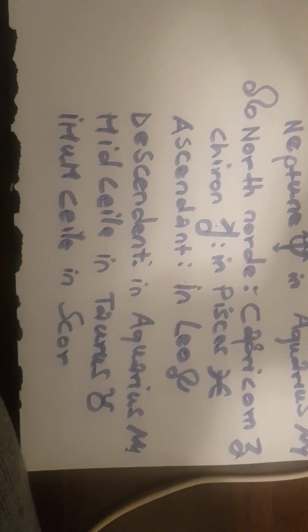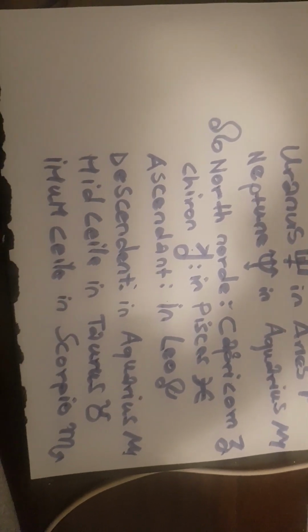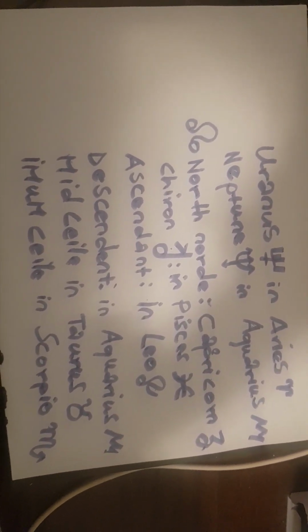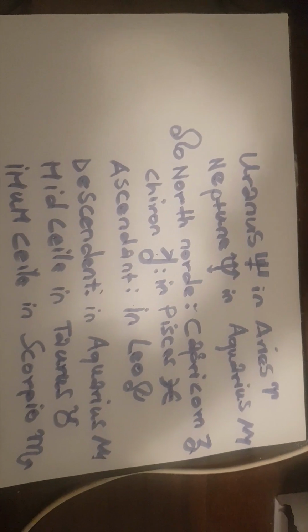Your Imum Coeli is your opposite sign from your midheaven. So we finished all of the planet signs and the six essentials. Now we can move on to the houses.